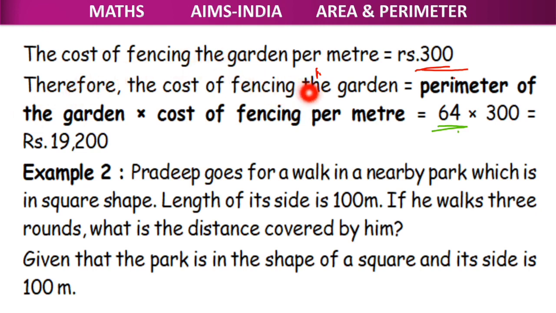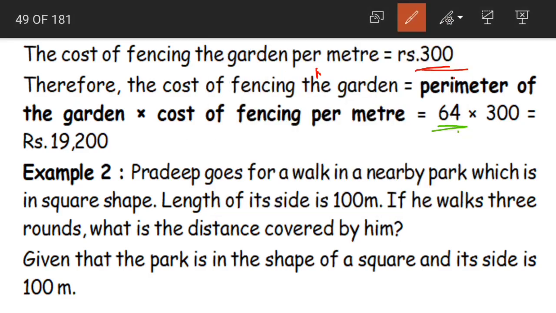The cost of fencing the garden per meter is equal to 300 rupees. Therefore, the total cost of fencing the garden becomes, we are taking the perimeter. Why the perimeter? Because fencing is done only across the border, and what gives us the length of the border, children? Perimeter.